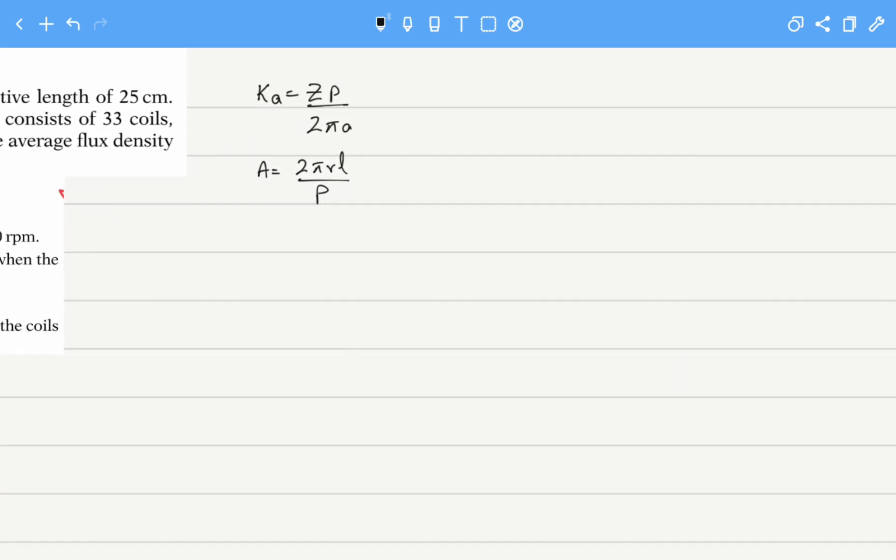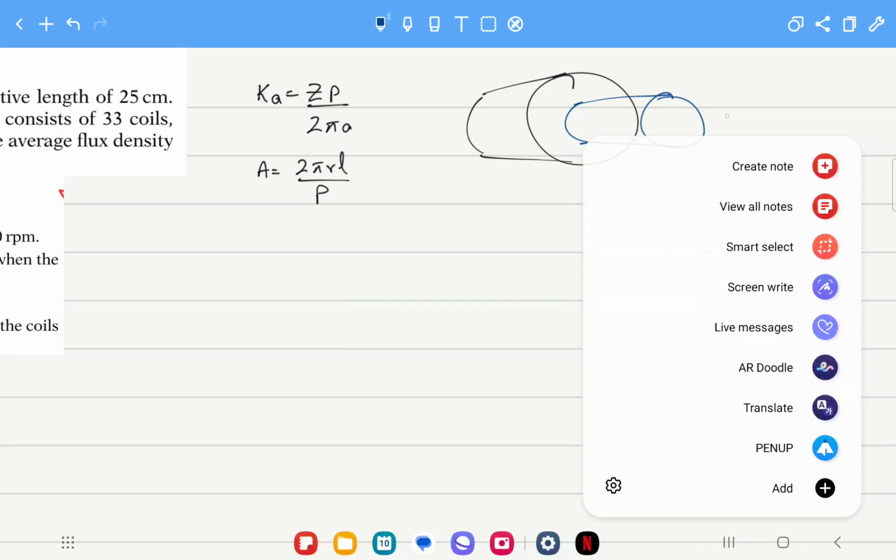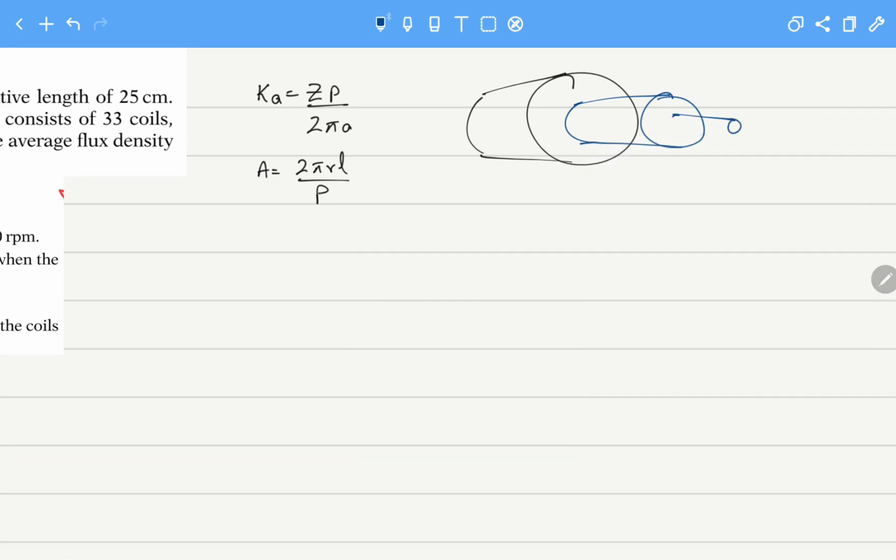So, a DC machine, as it is in our knowledge, is composed of the stator and the rotor. The rotor has windings over it, and the stator has magnetic poles in it, right?